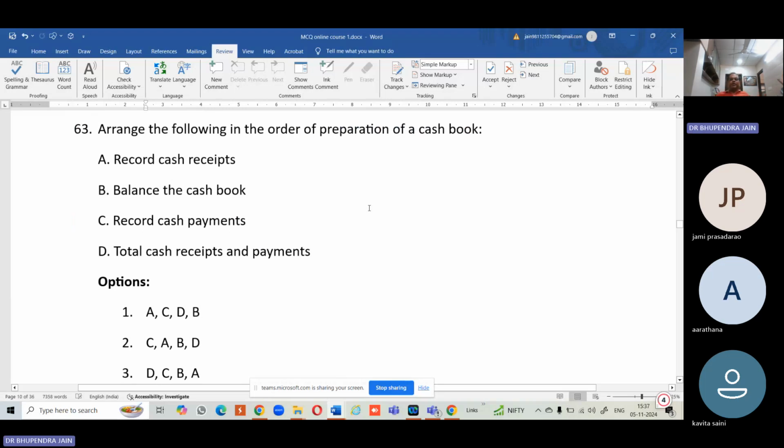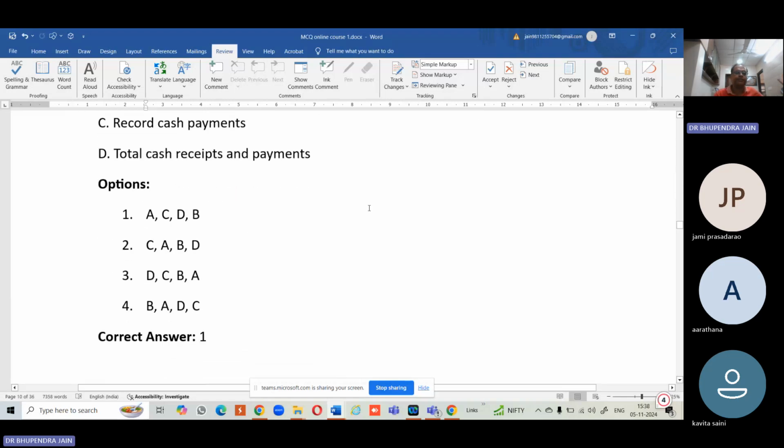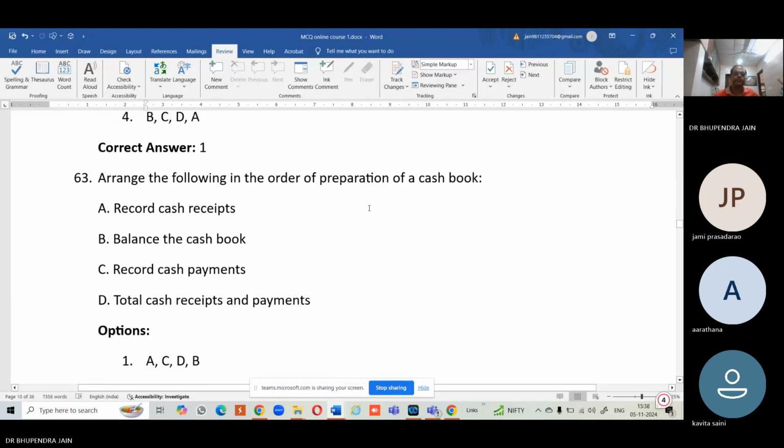Arrange the following in order for preparation of the cash book. Okay. First, what will we do? Record the cash receipts, record the cash payments, total the receipts and payments, and calculate the balance.